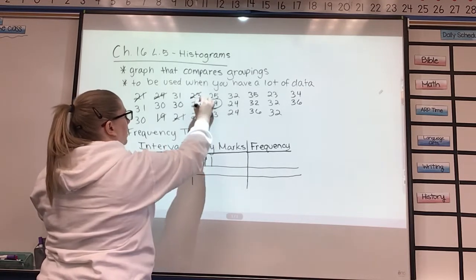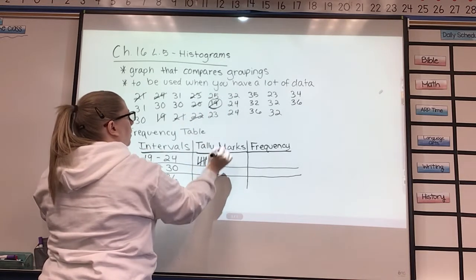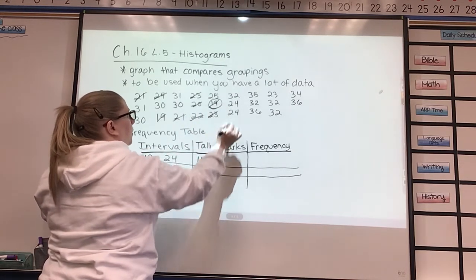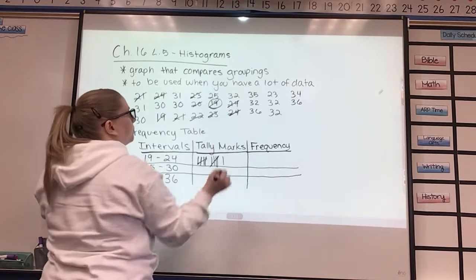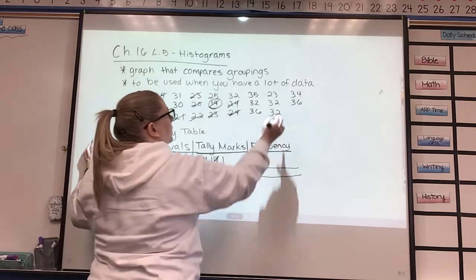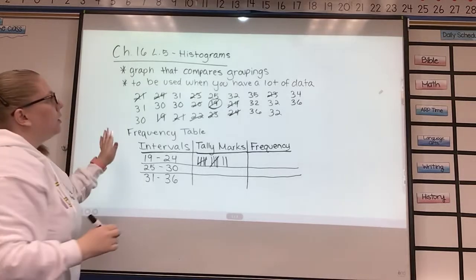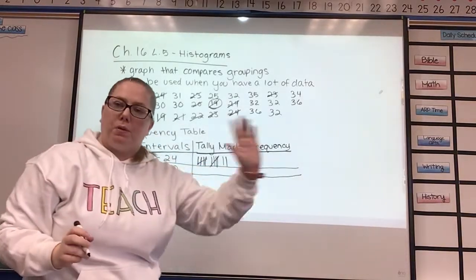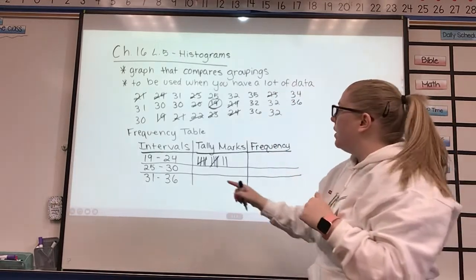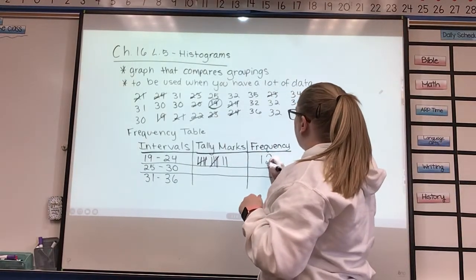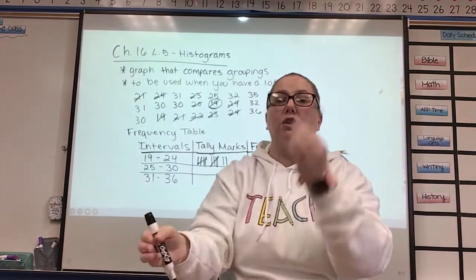And here. Okay, so those are all of the people who have an age between 19 and 24. So how many is that? That's 12. So those ages show up in this group of players 12 times.